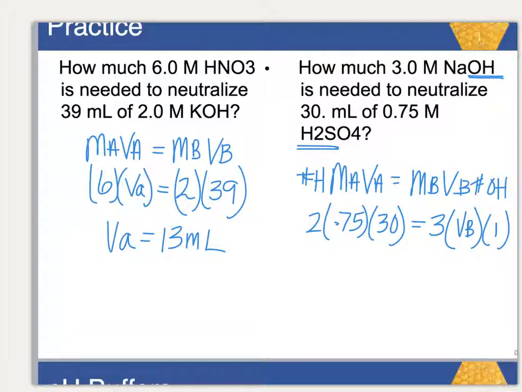So I have 2 H's in the H2SO4, my molarity is 0.75, and my volume is 30. And then I know my molarity of my base, which is 3. I don't know my volume, but I have 1 OH. So solving for the volume of base, I get 15 milliliters.